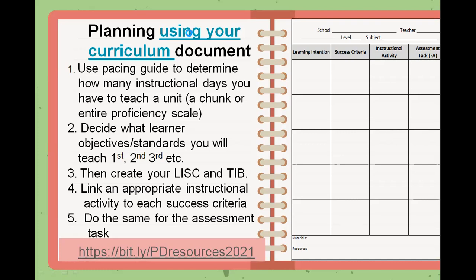Next, the teacher determines how many lesson days should be dedicated to each chunk of learning goals. Remember, these are the bite-sized ideas or behaviors at the score 2, 3, and 4 level on the proficiency scale.